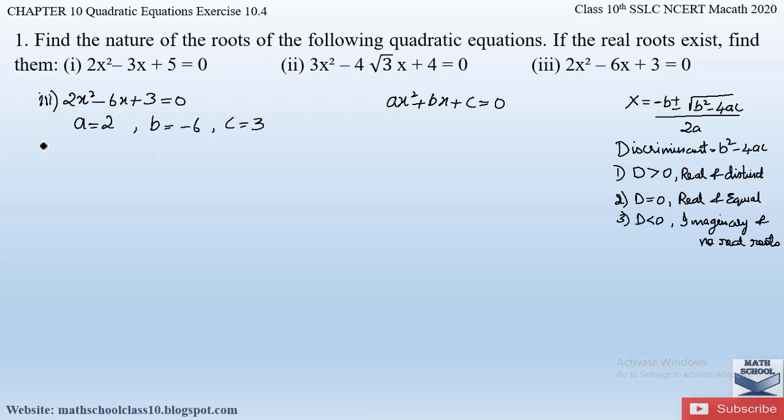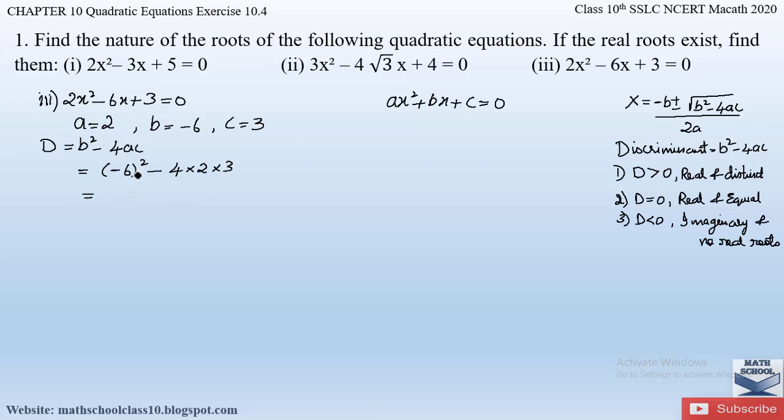So now first of all let us determine the discriminant to find the nature of roots for this given quadratic equation, which is given by b square minus 4ac. So let us substitute the a, b and c values here. You will get b square, that is minus 6 the whole square, minus 4 into a value 2 into c value 3.